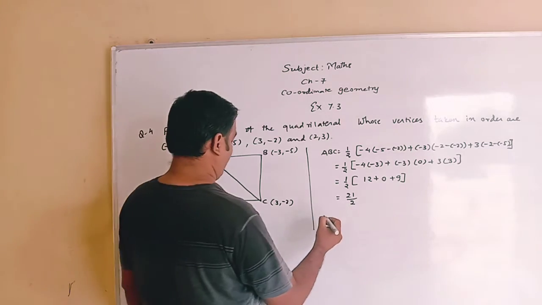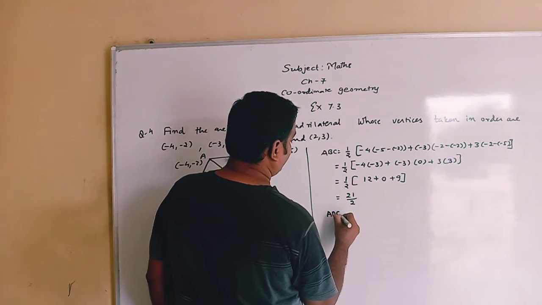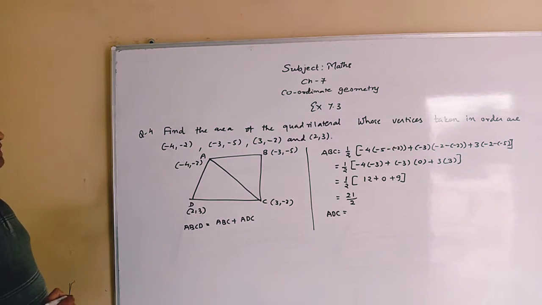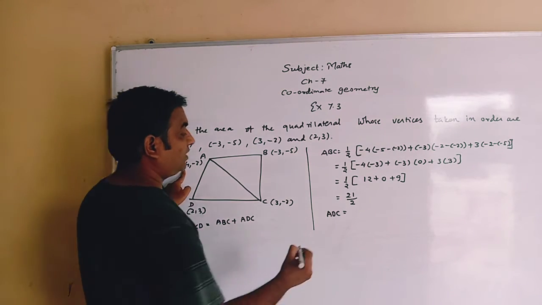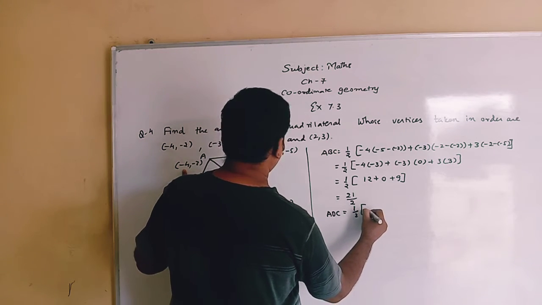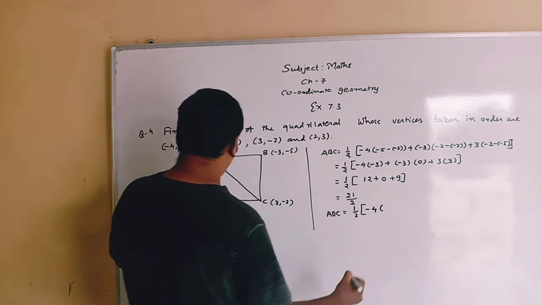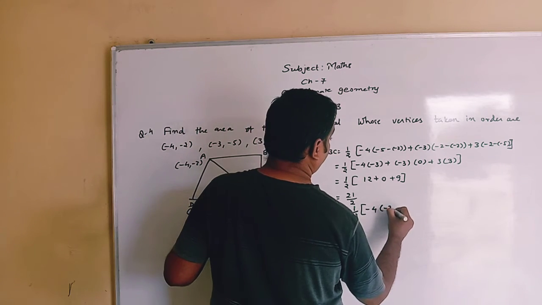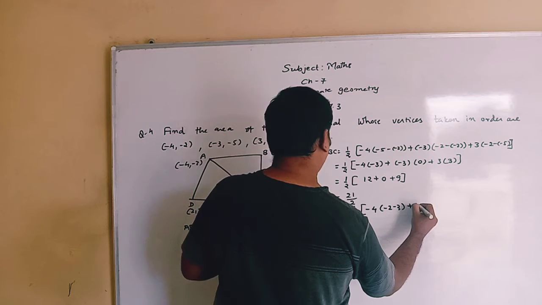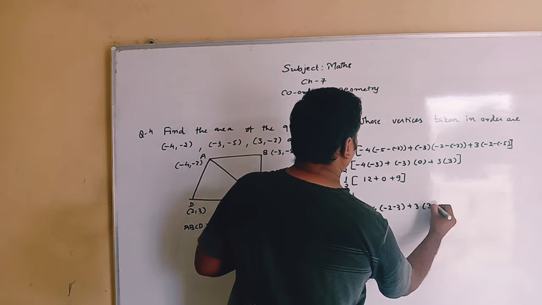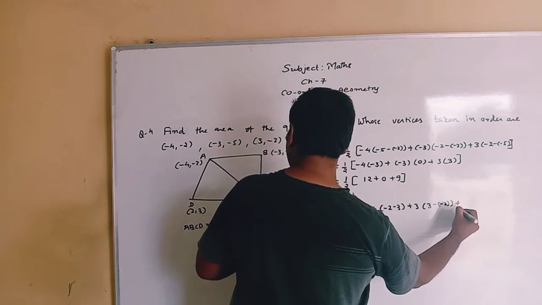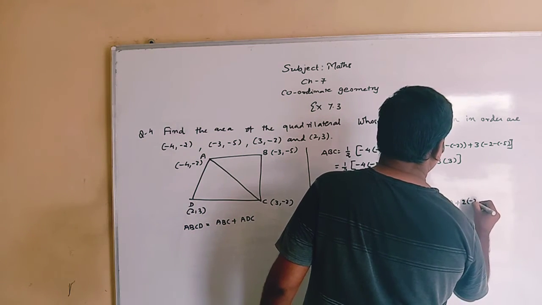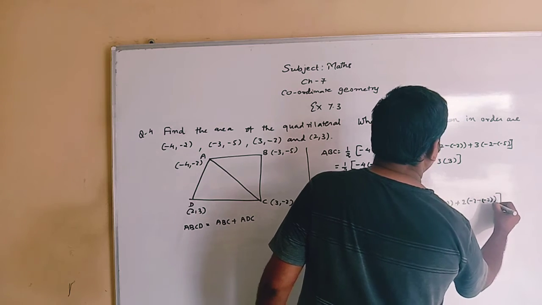Now the area of ADC we find out. Then the area of ADC means 1 by 2 minus 4 into minus 2 minus 3, plus 3 into 3 minus minus 2, plus 2 into minus 2 minus minus 2.